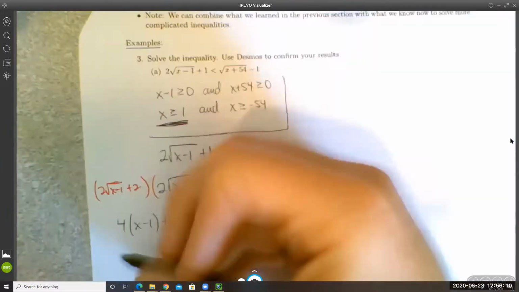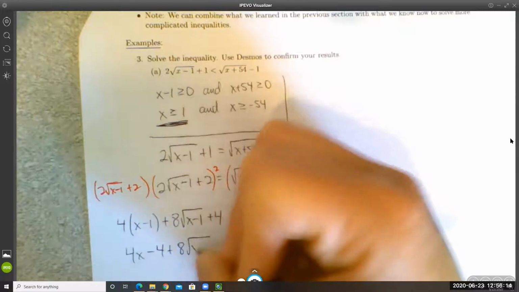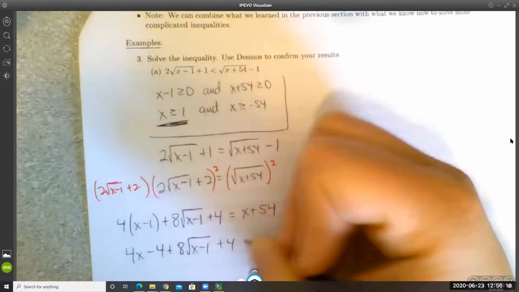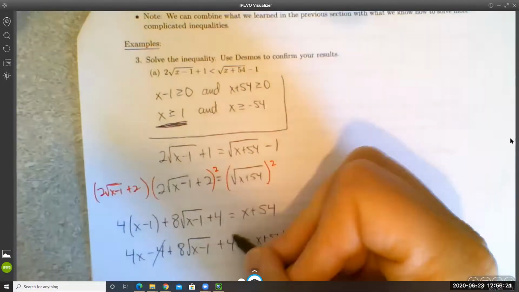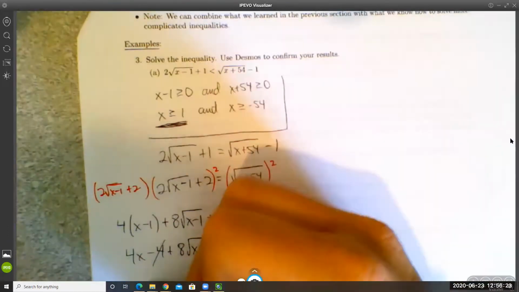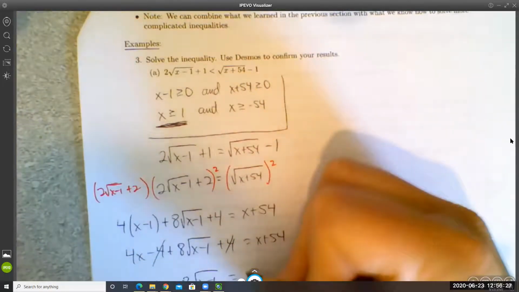Okay, so I've got 4x minus 4 plus 8 times the square root of x minus 1 plus 4 equals x plus 54. I'm going to clean that up a little because those things cancel. So 4x plus 8 root x minus 1 equals x plus 54.